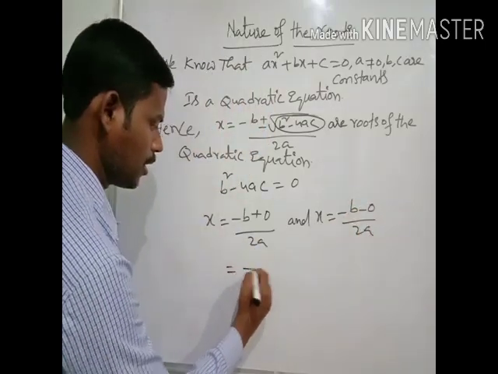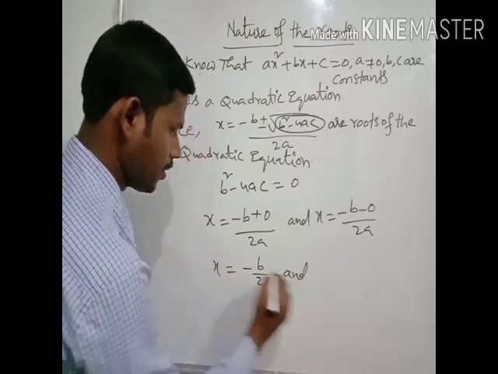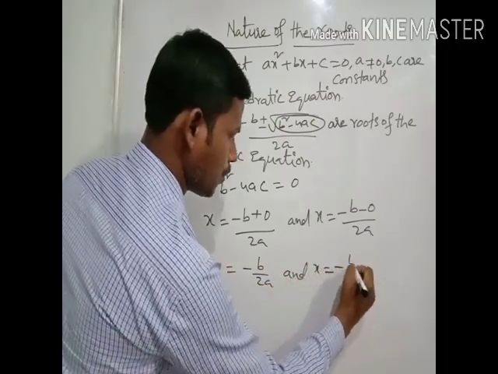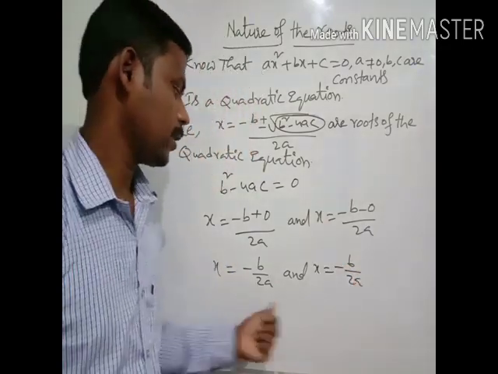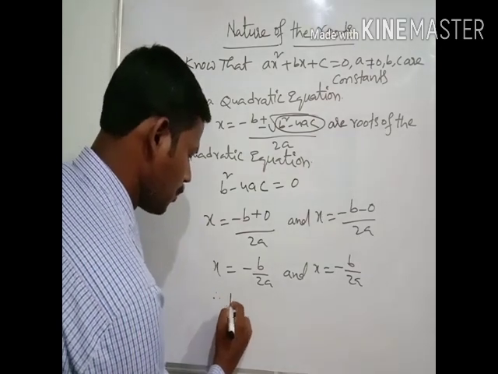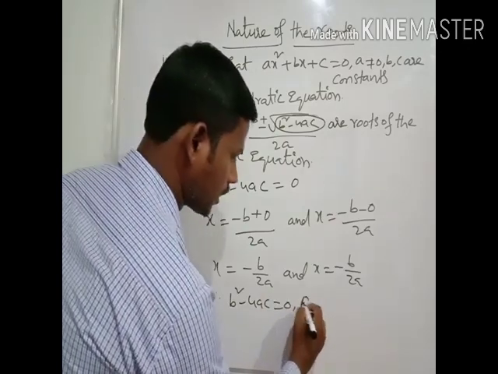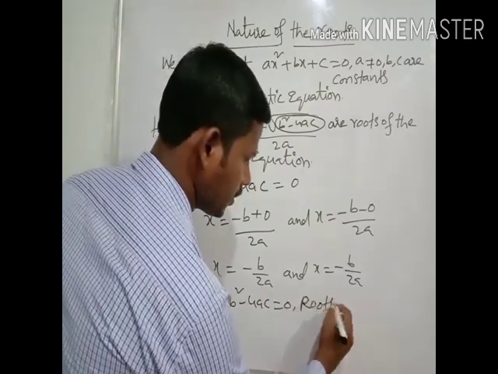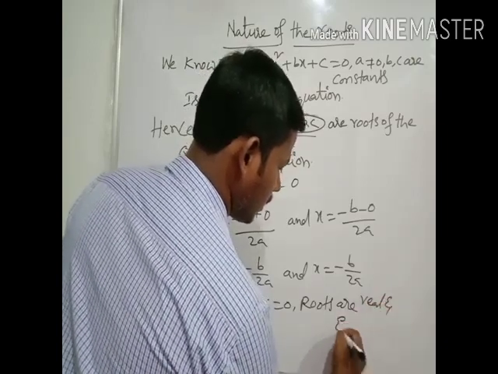Take this one: x = −b/2a and x = −b/2a. What are you observing here children? The roots are equal. That means if b² − 4ac equals 0, the roots are real and equal.